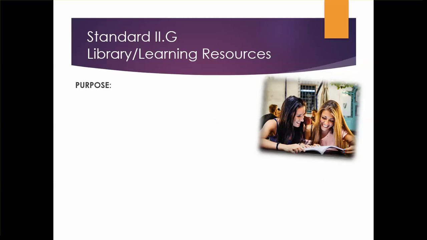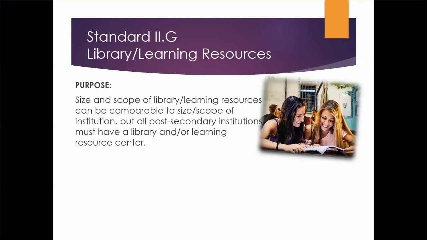The final piece of Standard 2 is the library and learning resources. Now, the size and scope of the library or learning resources that you offer can be comparable to the size and scope of your school. But all post-secondary institutions must have a library and/or learning resource center in some respect.